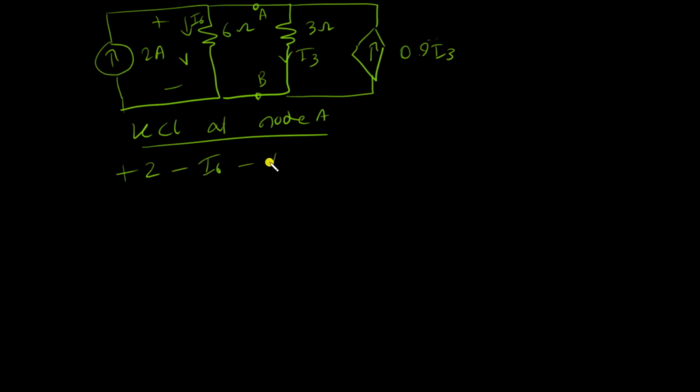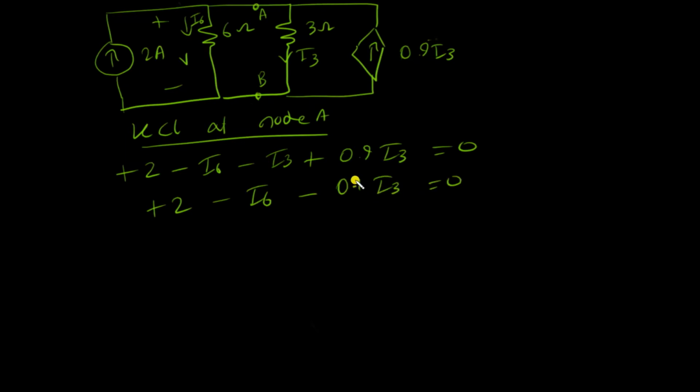There's I3 leaving, so minus I3, and there's 0.9 I3 coming into the node, so plus 0.9 I3. This is equal to 0. Simplifying, this comes out to be 2 minus I6 minus 0.1 I3 equals 0.